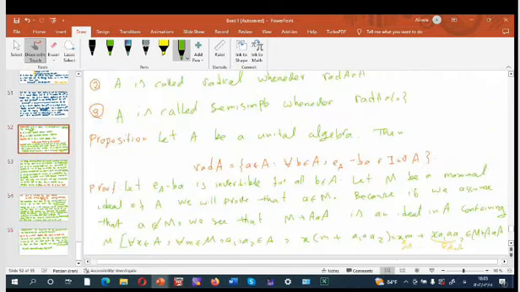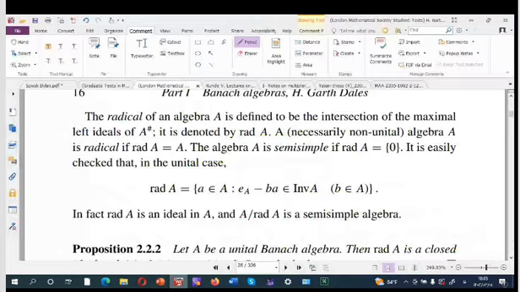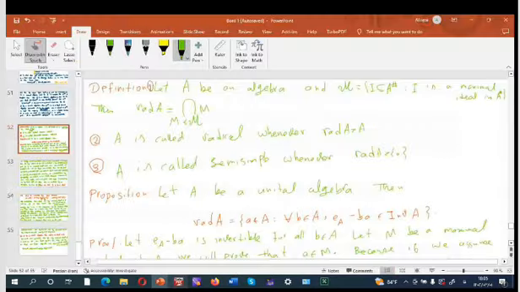Dear students, maximal left ideal, it is a maximal left ideal, okay.